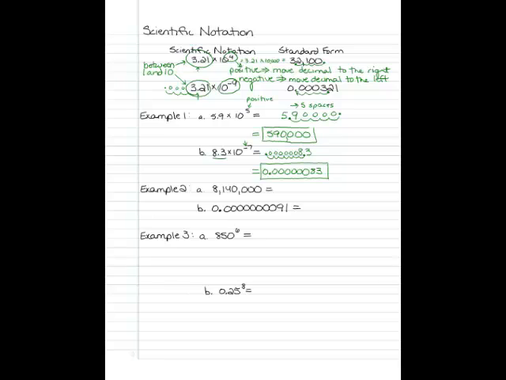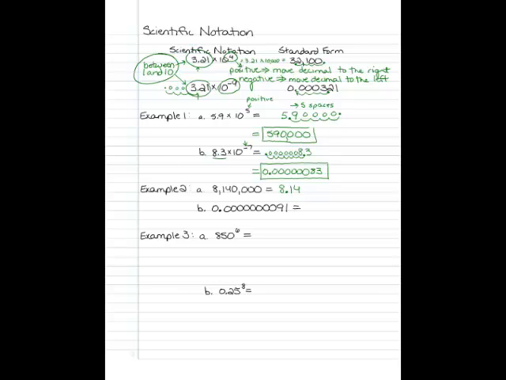Now in example 2, we're working the other way. You're given a number in standard form and you're asked to write it in scientific notation. So scientific notation, remember that number has to be between 1 and 10. So looking at the number that we're given, 8,140,000, you want to take the number 8.14.